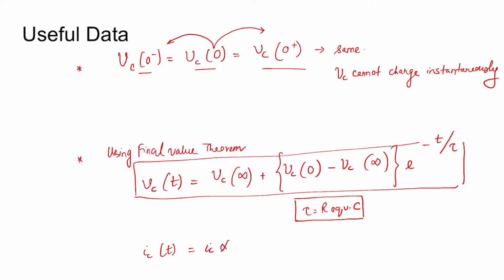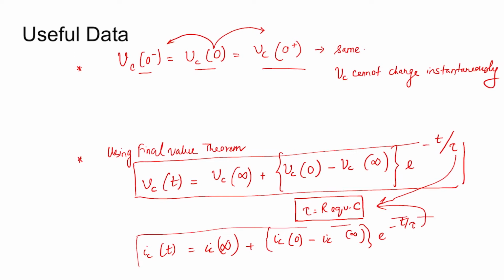So Ic(t) equal to Ic(infinity) plus Ic(0) minus Ic(infinity), into e to the power minus t by tau. Tau is the same. So this is the formula you will need.